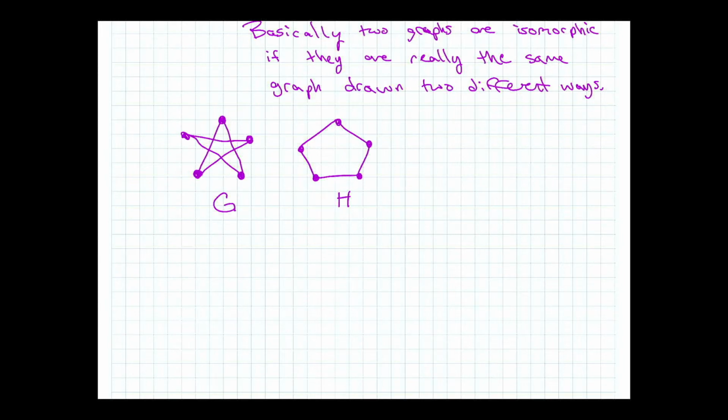Well, look at it. If this is vertex A on this graph, and this is vertex A on this graph, then A is connected to two vertices. A is connected to this vertex.